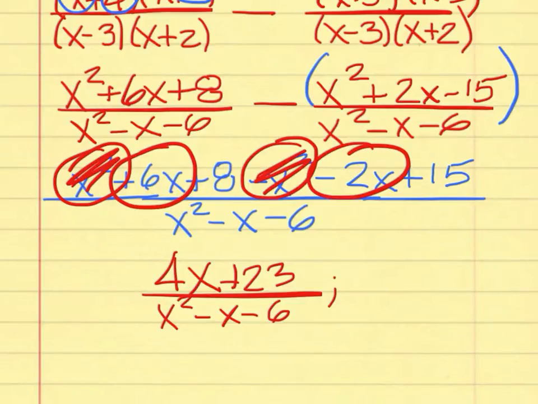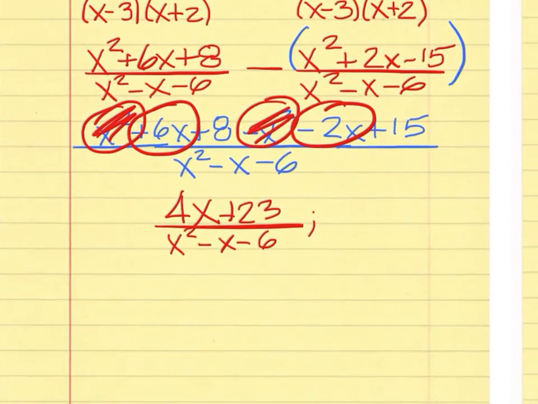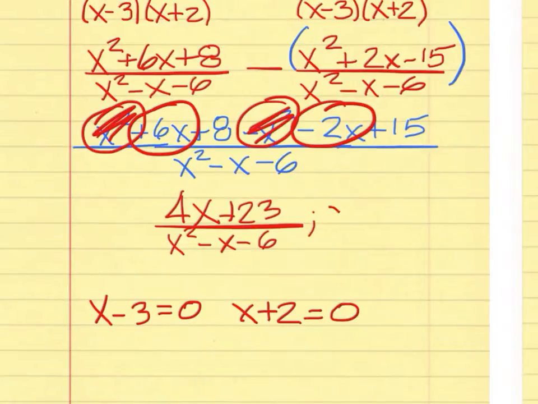That's right, we would set them equal to 0. So our denominators were x minus 3 and x plus 2. So what would my excluded values be if I solve each of those equations? -2 and 3 is right.